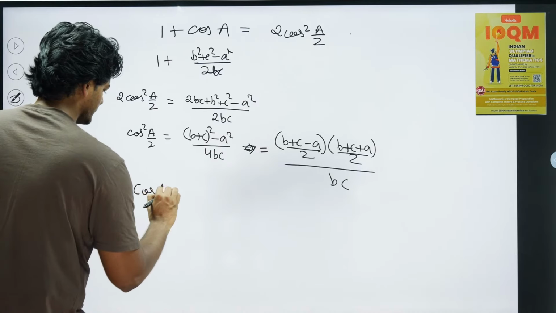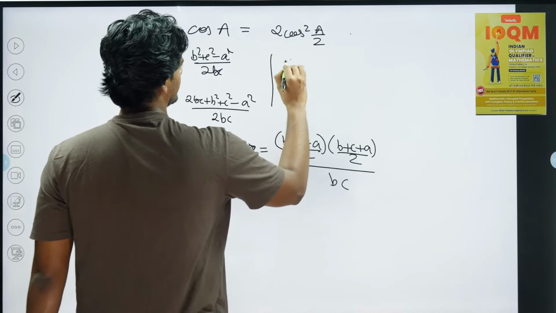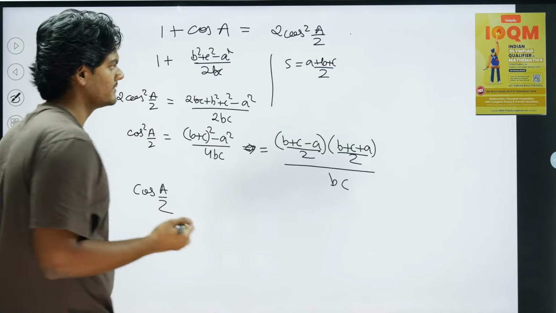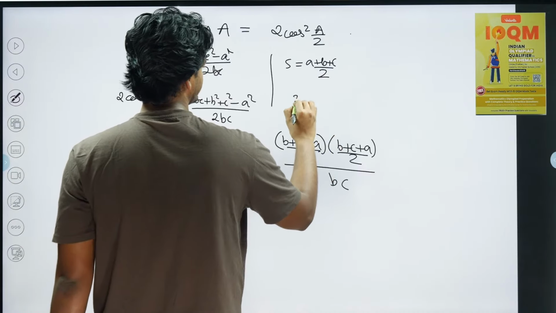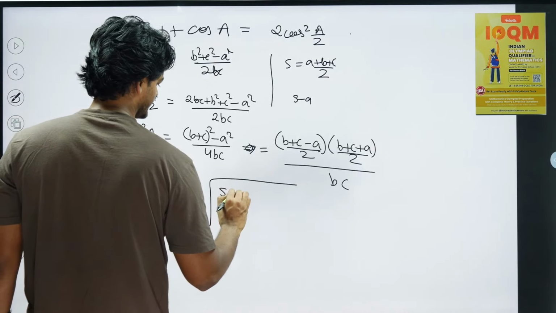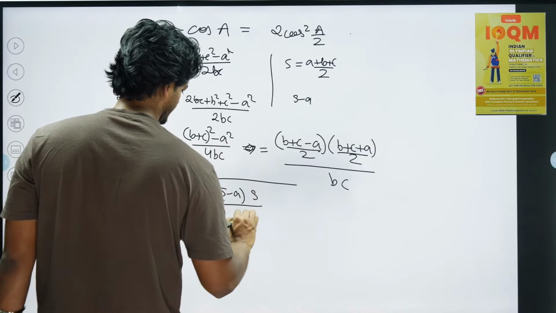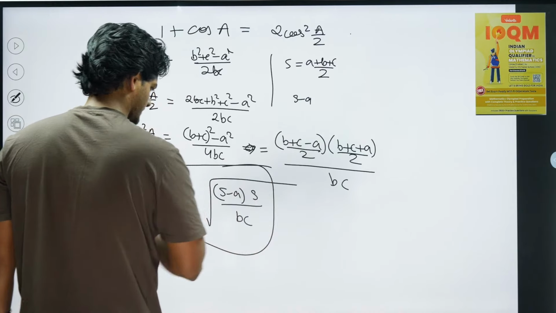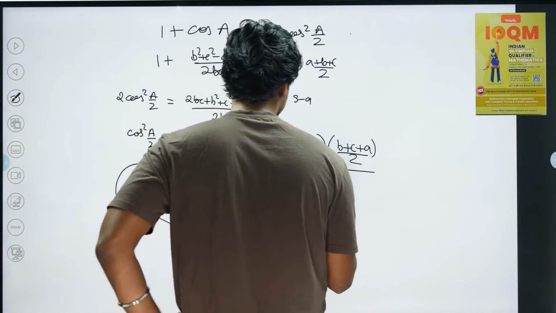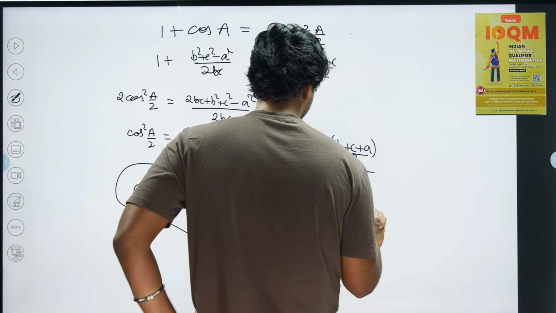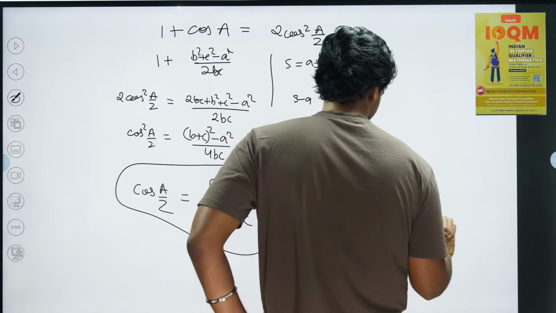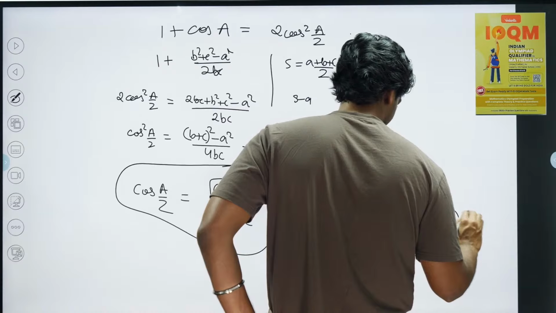So cos A by 2, if I take S to be A plus B plus C by 2, then this is simply S minus A. So cos A by 2 is square root of S into S minus A by BC. Similarly, I think you will find sin A by 2 is equal to square root of S minus B into S minus C by BC.